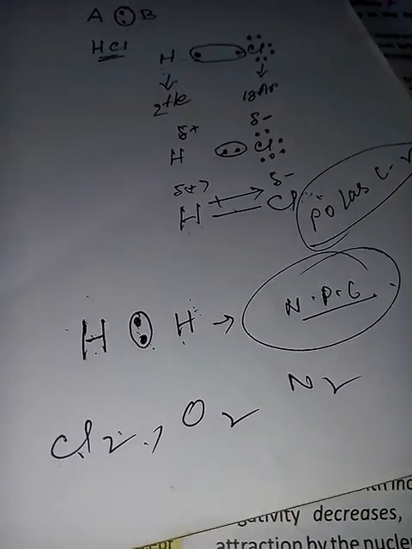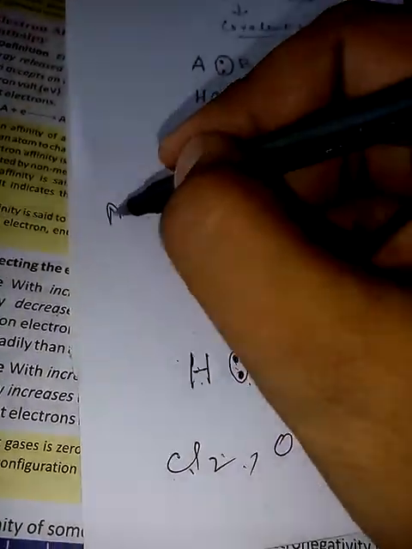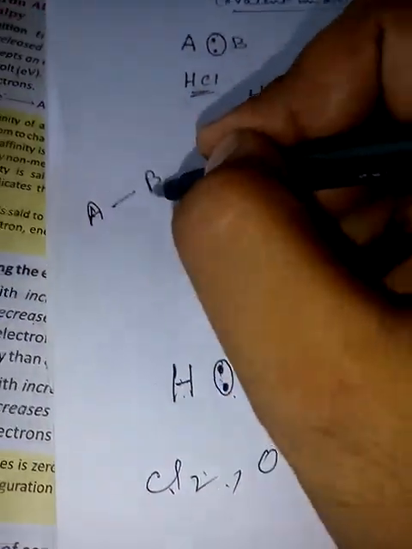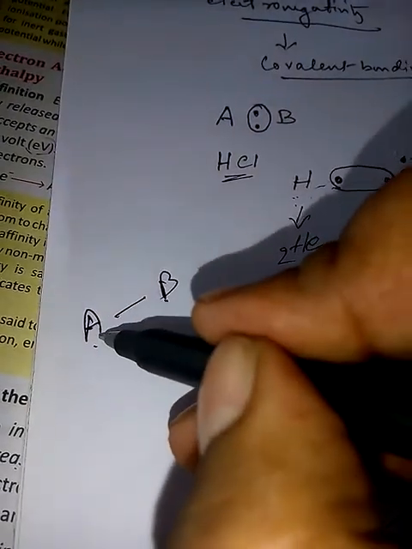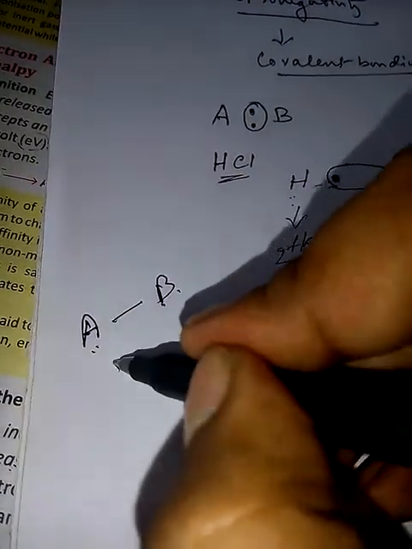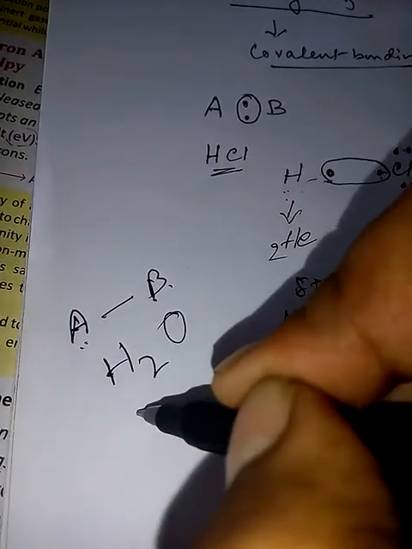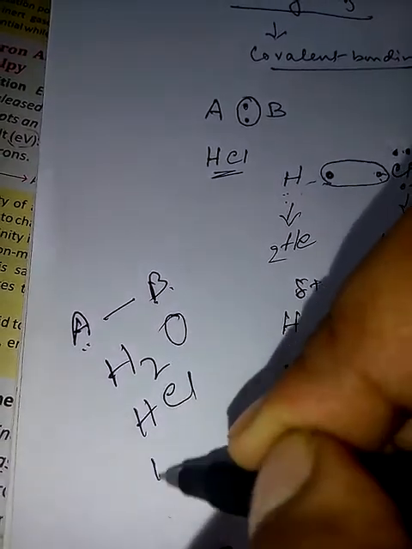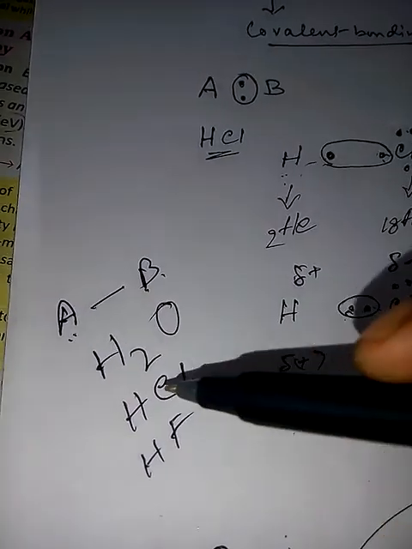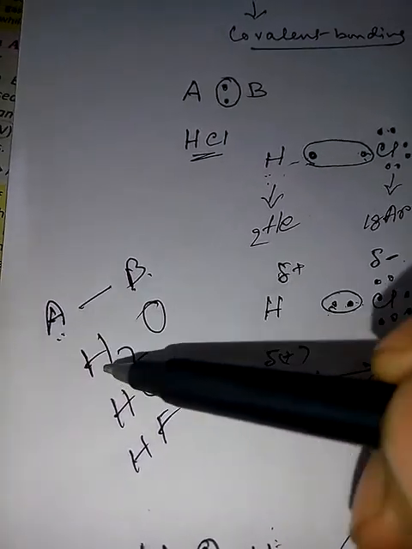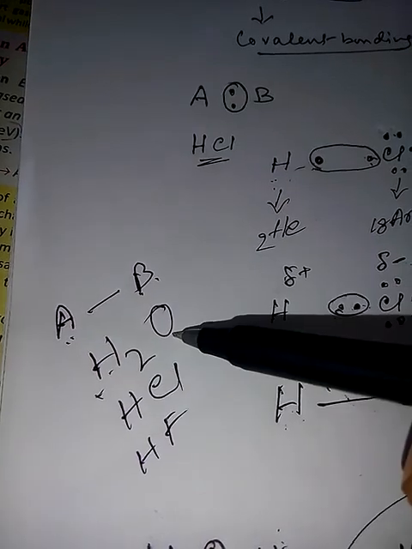But generally what happens in AB type molecules, this is what happens in maximum cases. AB type molecules mean, for example H2O, and just now I have written HCl, HF, etc. In all these molecules you will see that two different atoms are taking part.